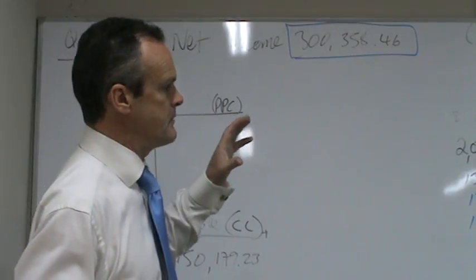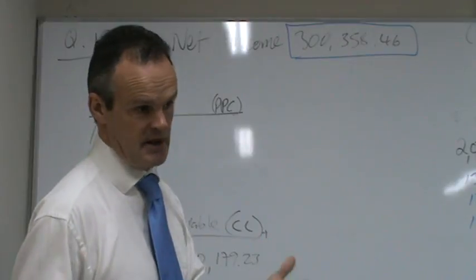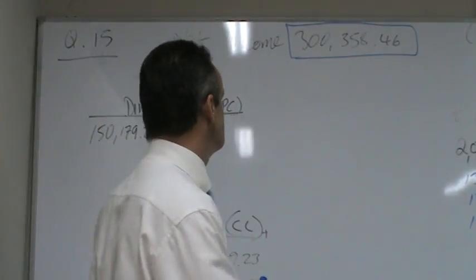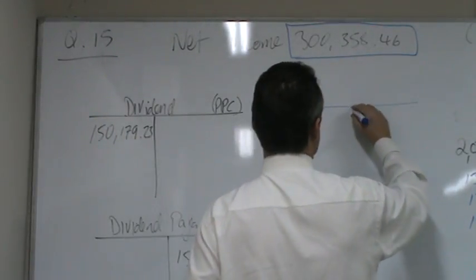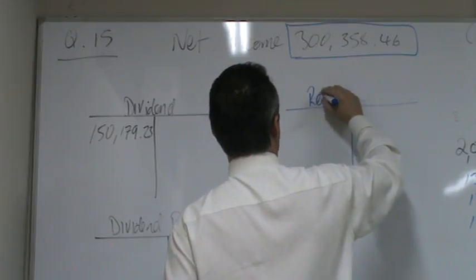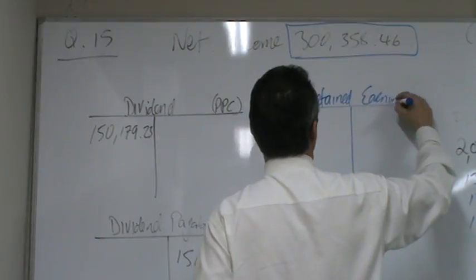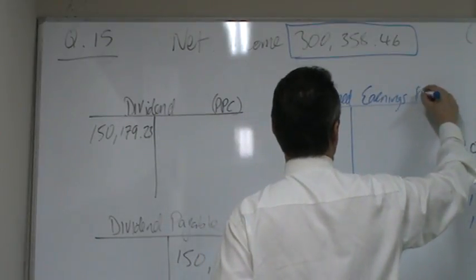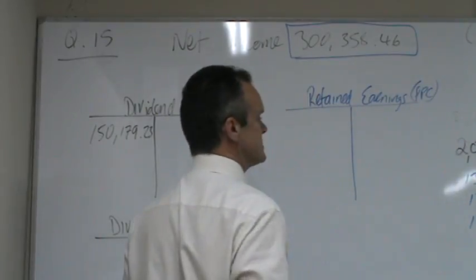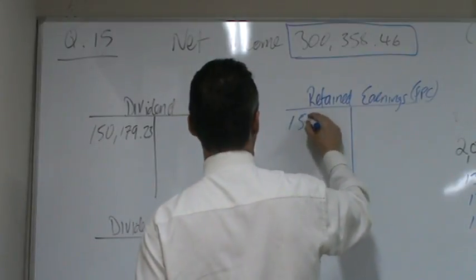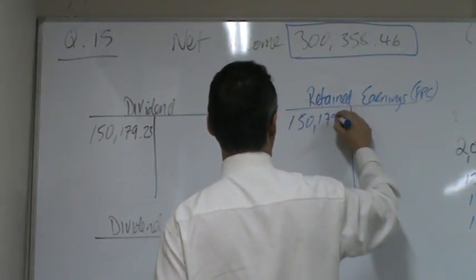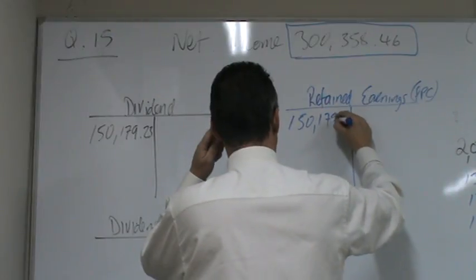But because it's retained, as I mentioned before, it is owed to the owners. So we're going to do the same again. We know that we're going to get down to 0, so what we call the retained earnings, again, we're going to call this a cost, and it is again 50%, it's 179.23.